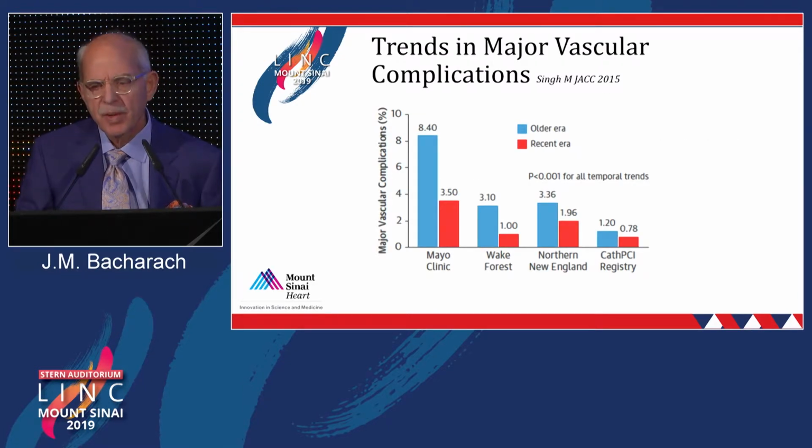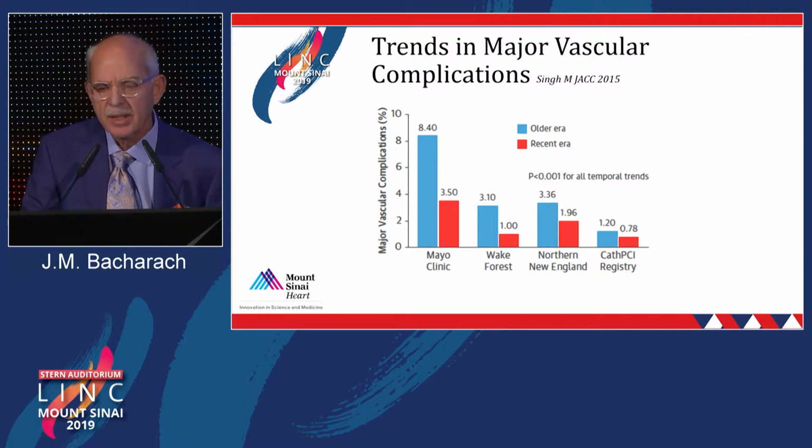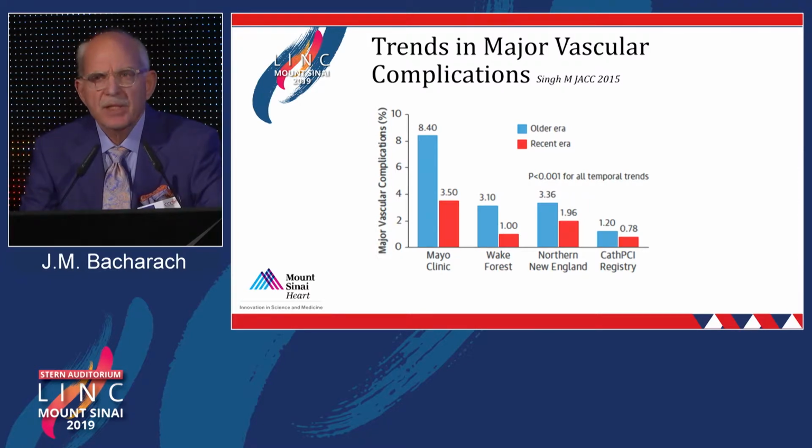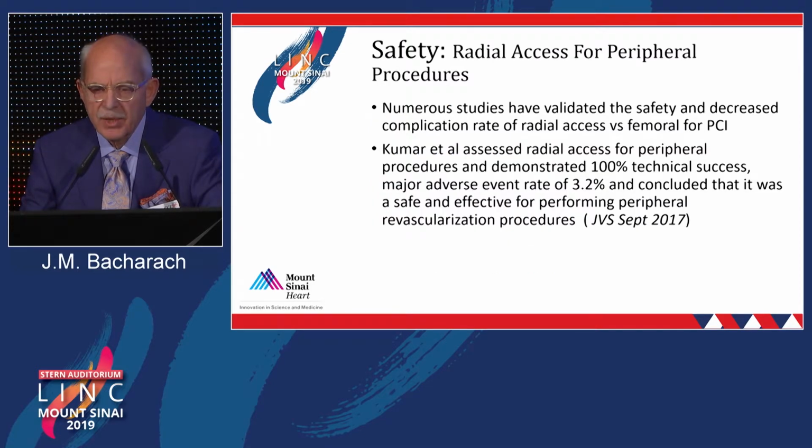So what about trends in major vascular complications? You can see over time that in the recent era, this has significantly changed, and certainly the increased utilization of alternative accesses such as radial access has been an important step in reducing vascular complications.